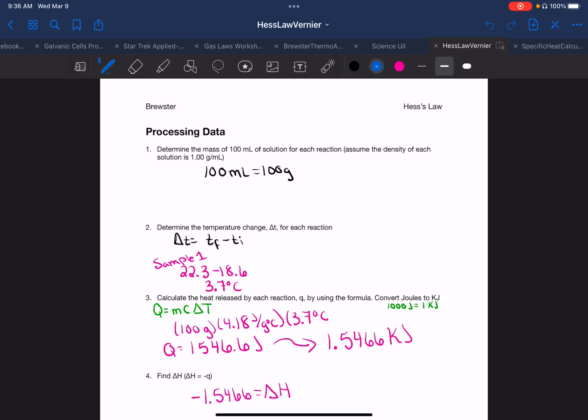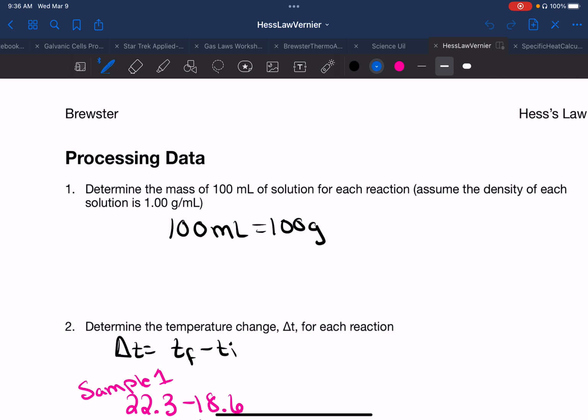We treat the hydrochloric acid, the sodium hydroxide, and the water as if they have a density of basically 1.00. So if I've measured out 100 milliliters of the substance, then I have 100 grams, because the density is approximately 1.